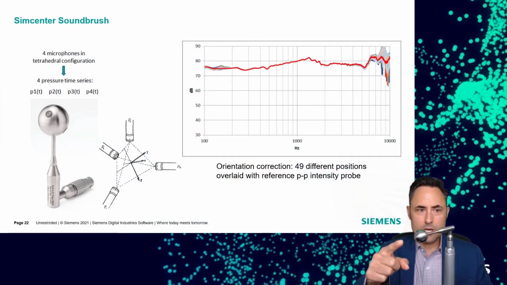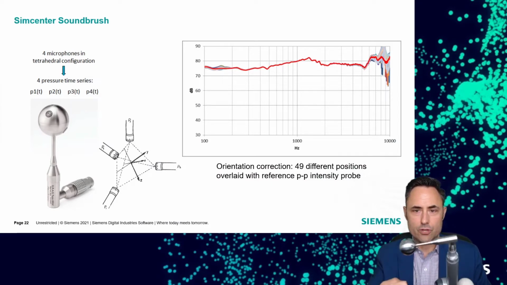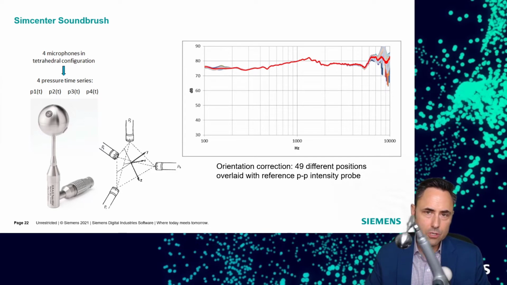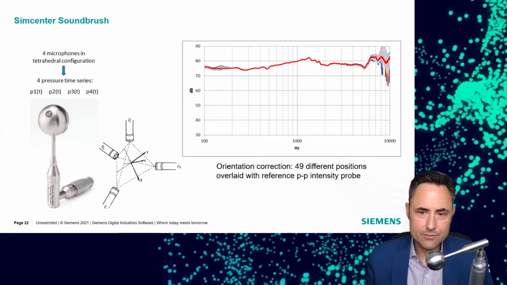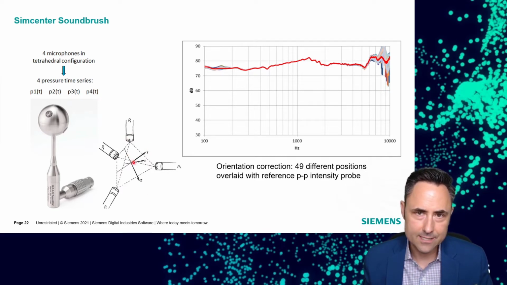So first we're going to talk about this tetrahedral transducer. If you can see, it's got 4 microphones in a tetrahedral configuration. And what's unique about this configuration is it allows us to, in real time, calculate the XYZ components of our sound intensity.